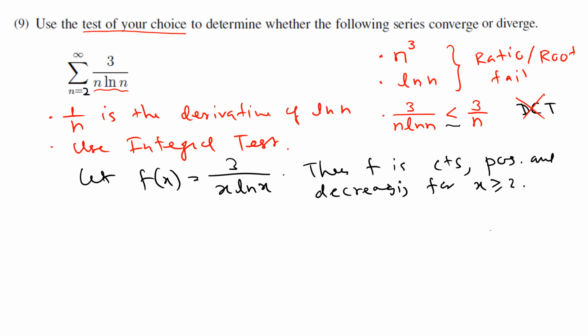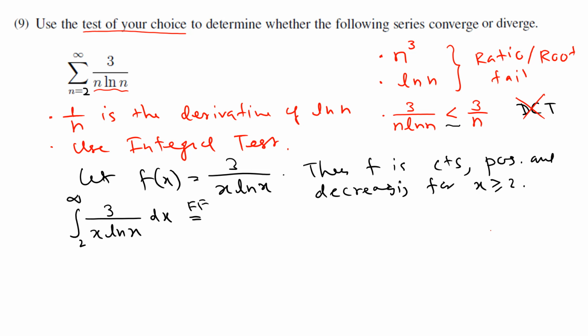Now we just check the integral. So let's look at the integral from 2 to infinity of 3 over x ln x dx. 3 is a constant, you can still write it. This is a very easy integral because 1 over x is the derivative of ln x. So you can just use the formula trick if you remember.